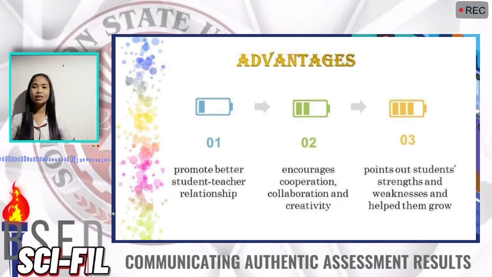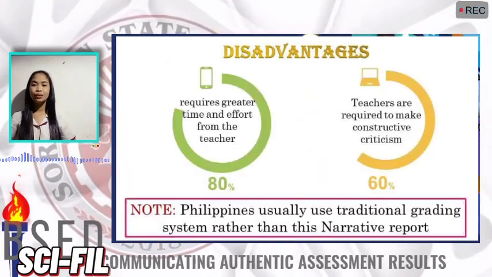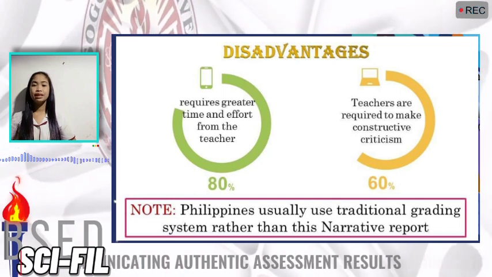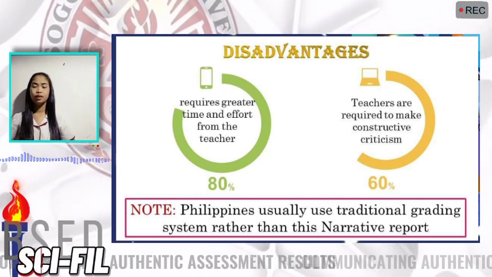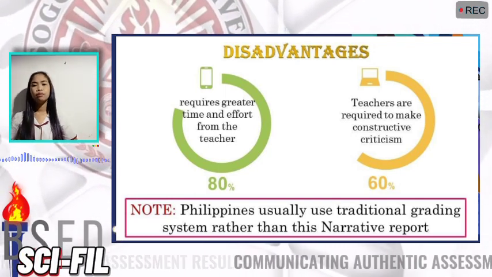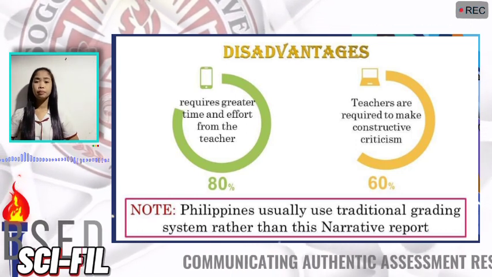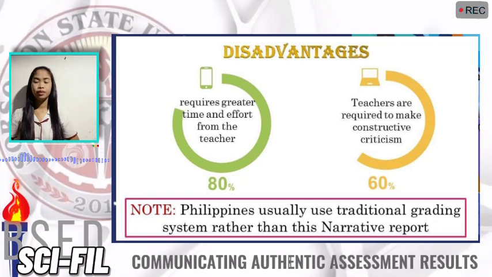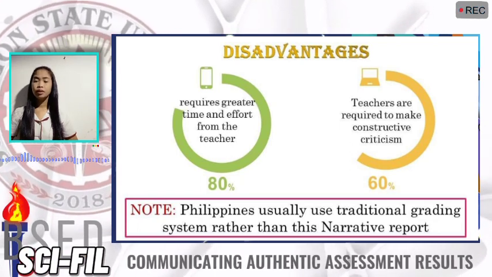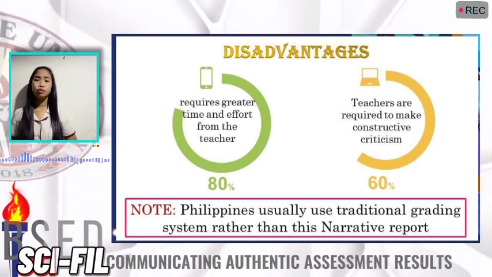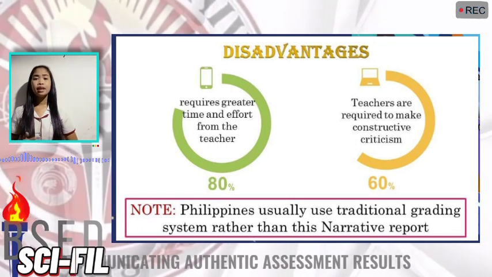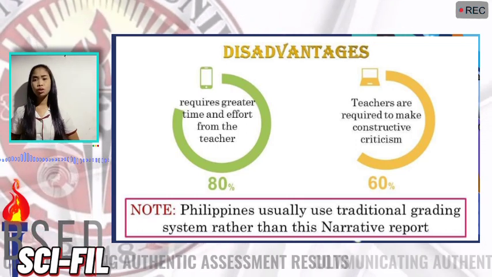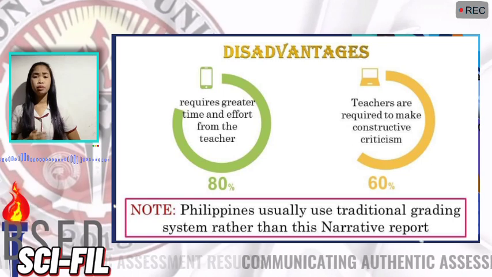Thank you so much. Now let's take a look at the disadvantages of using narrative evaluation system. The greatest negative side of using narrative evaluation system is the time commitment it requires from the teachers. This grading system requires greater time and effort from the teachers since they have to keep detailed notes on each of the students' performance.